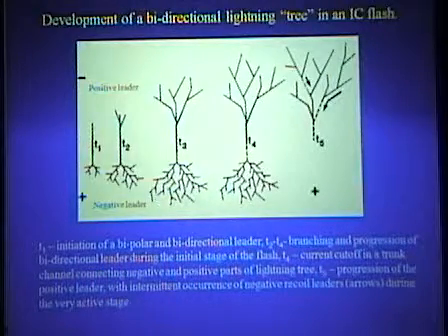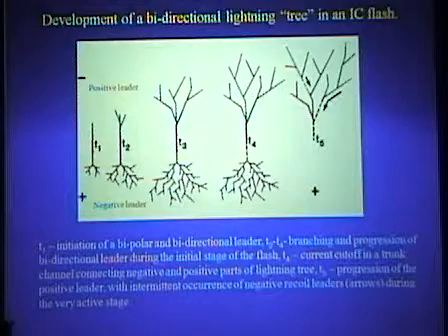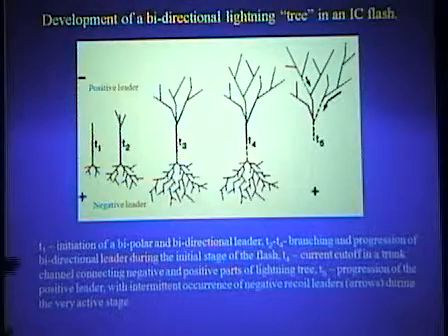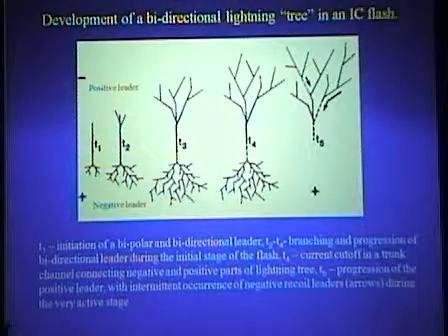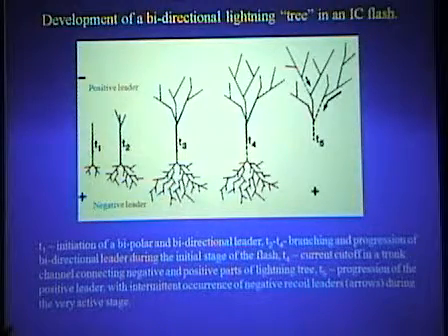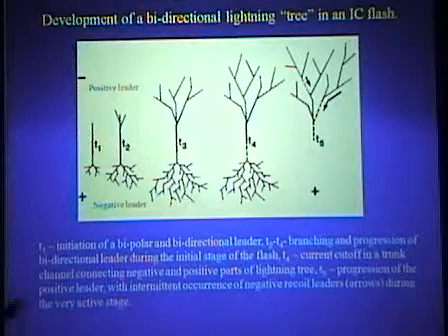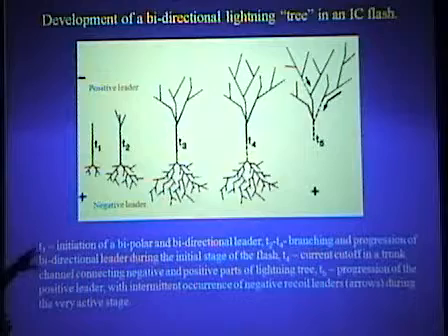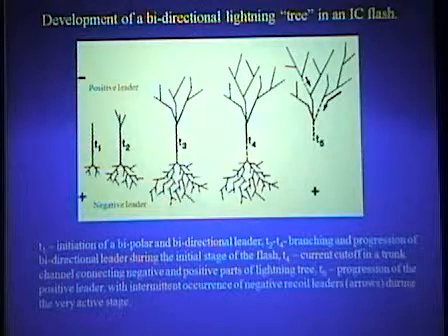And it's like bidirectional lightning trees. We have two trees, one made of positive leaders above, and one part of the tree made of negative leaders below. Negative leaders are usually much more branched and highly dendritic, and positive has fewer and bigger branches.